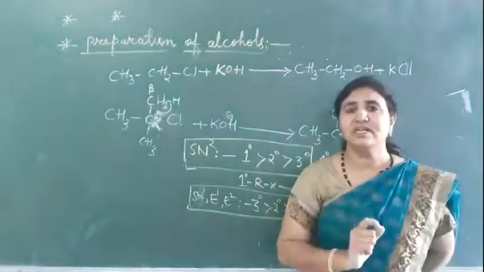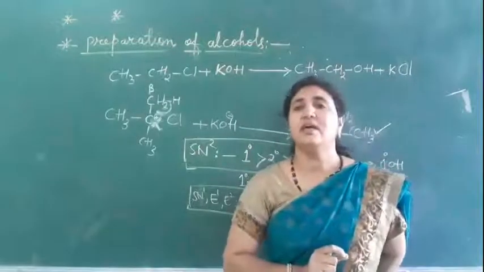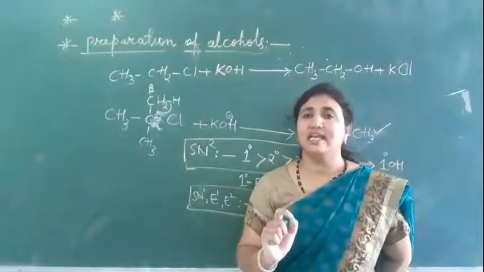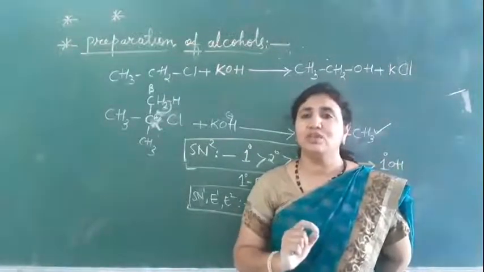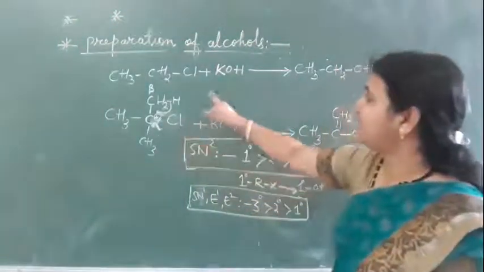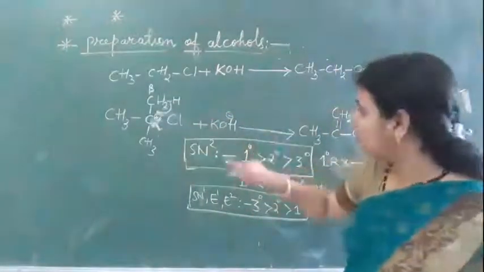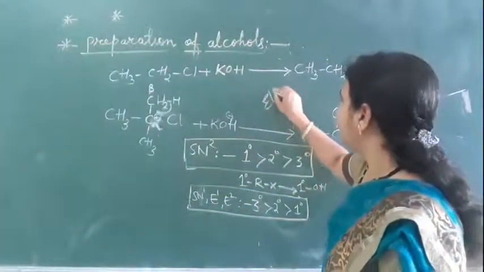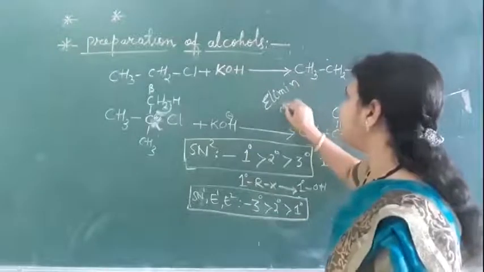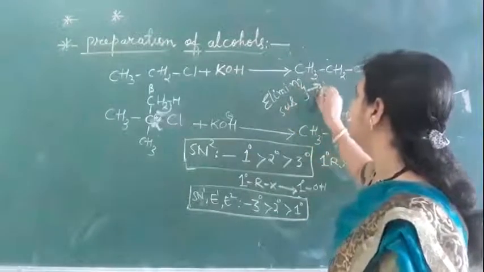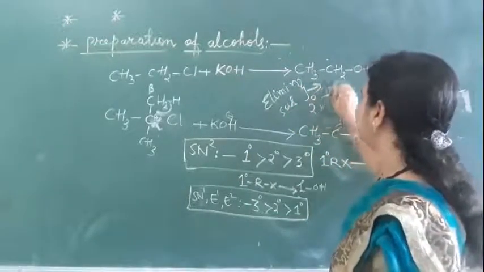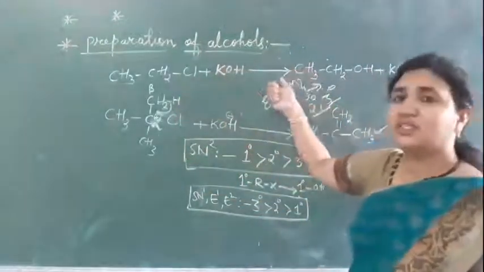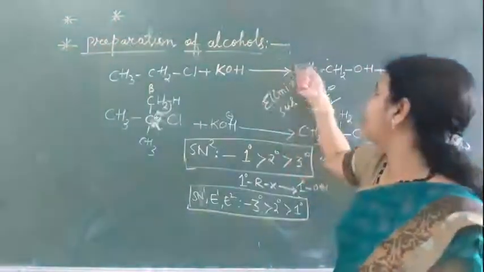This is the main reason we get a mixture of alcohols and alkenes for secondary and tertiary alkyl halides, because they undergo both elimination and substitution reactions. But primary alkyl halides undergo only nucleophilic substitution. That's why we get alcohol.